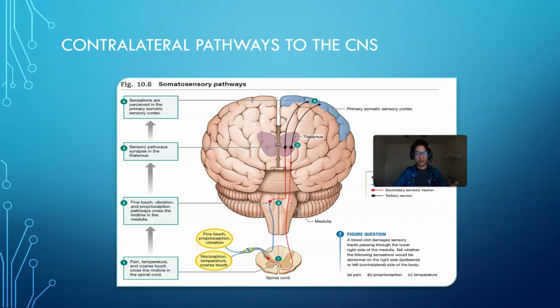These senses are all perceived by the primary somatosensory cortex of the brain, which is up here, but I also talked a little bit about it on the previous slide. Senses are perceived by the primary somatosensory cortex on the contralateral, or the opposite side, of the stimuli.